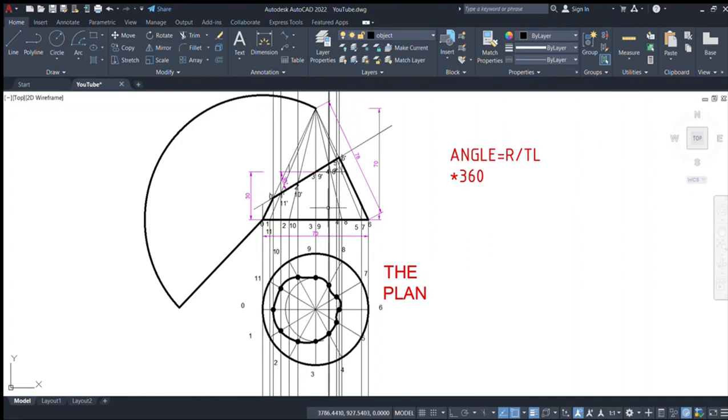So the angle was 161.5. It is subdivided into 12, you get something like 13.5 degrees. So you can draw lines in 13.5 degrees.